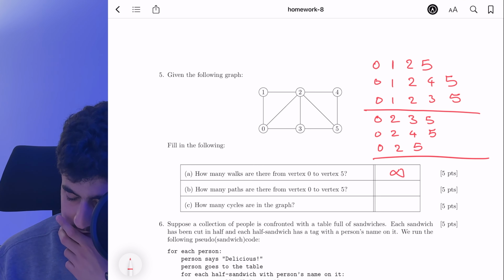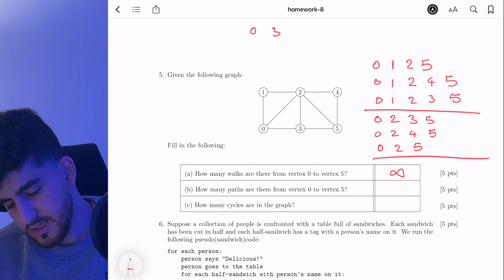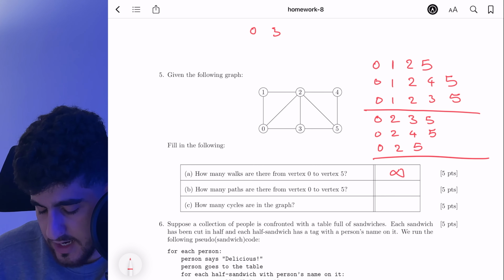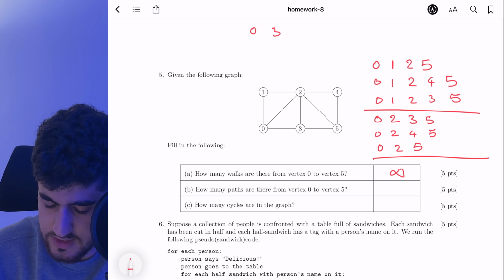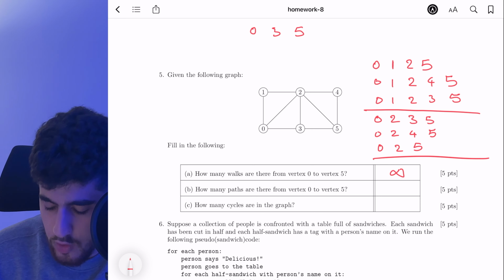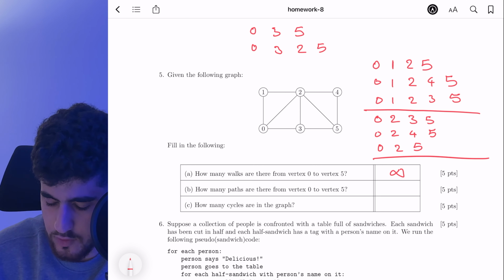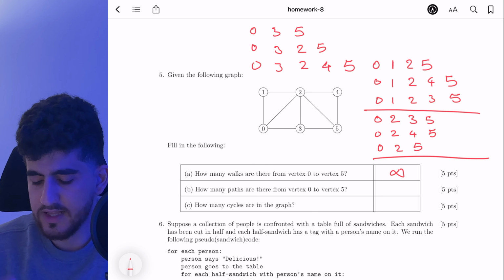The last category is that from vertex 0, we go to vertex 3. If we go there, then from there, we again have some cases. Either we go directly to vertex 5, or we go to vertex 2, and then from there we go to vertex 5, or we go to vertex 2, and then from there we go to vertex 4, and then 5.